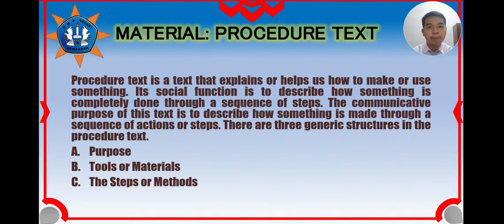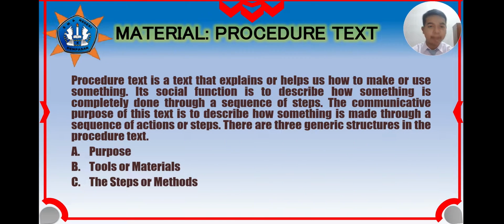The communicative purpose of this text is to describe how something is made through a sequence of actions or steps. For example, how to make a pudding or how to operate a refrigerator, etc.